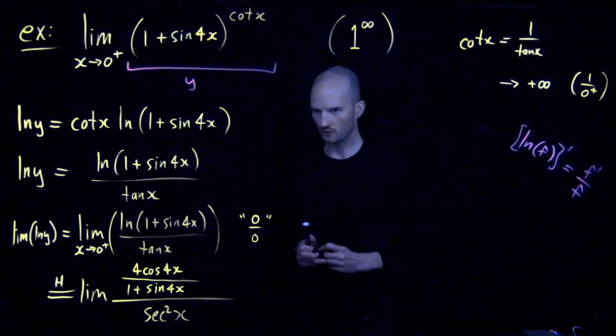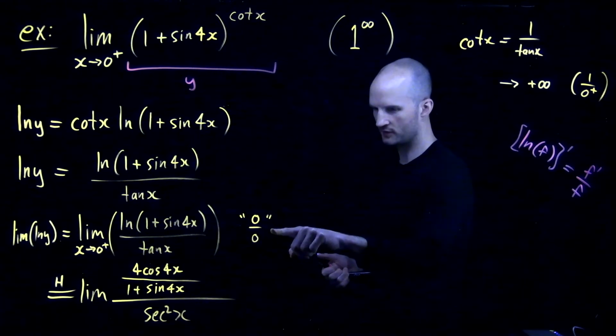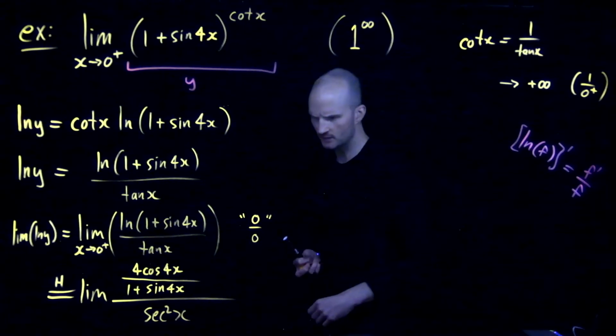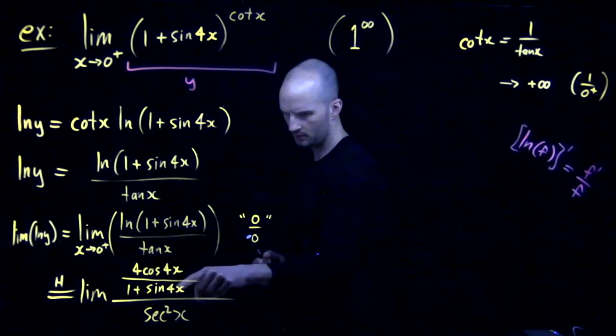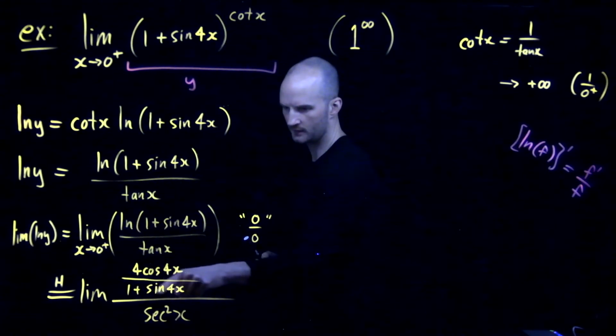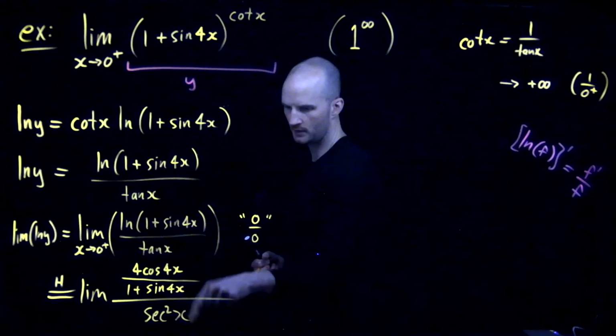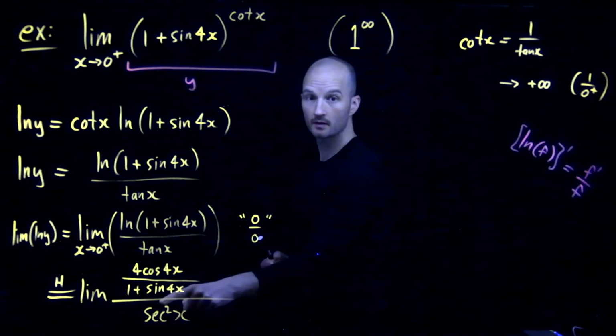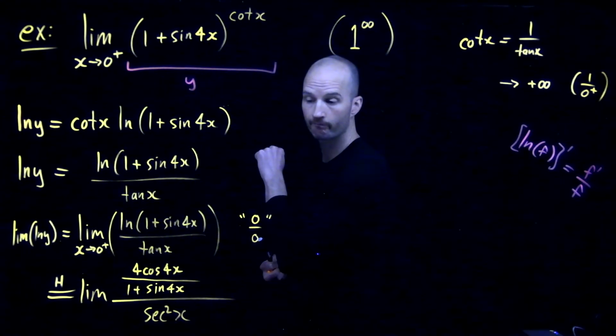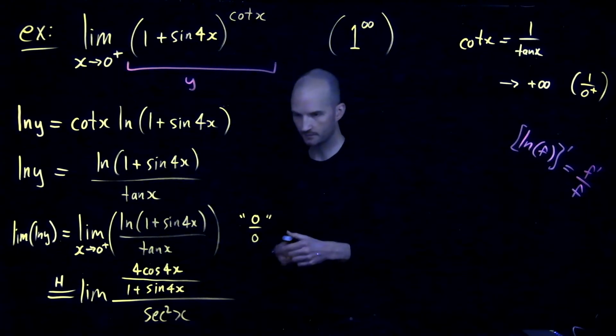Now, did I resolve my problem? What's 0 over 0? If I plug in 0, I actually get 4 here. I get 1 plus 0, so 4 over 1, and secant of 0 is just 1. So this problem is resolved.